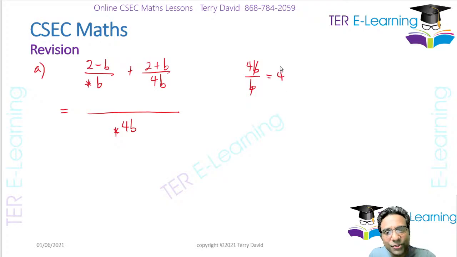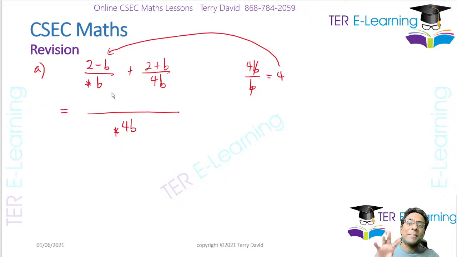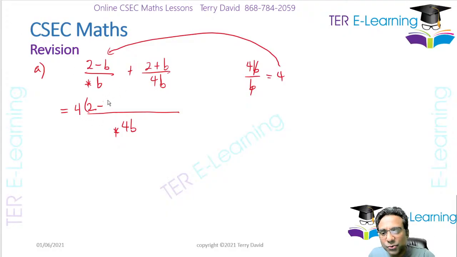But the answer that you get, you need to take that and multiply it by my numerator. Now that 4 is multiplying every single thing that is on top there, which is the 2 minus b. So this is going to be 4, right, multiplied by 2 minus b. You're going to put back your plus sign.